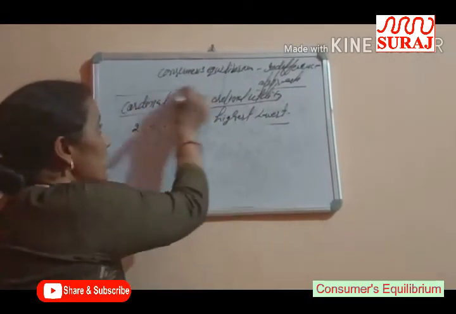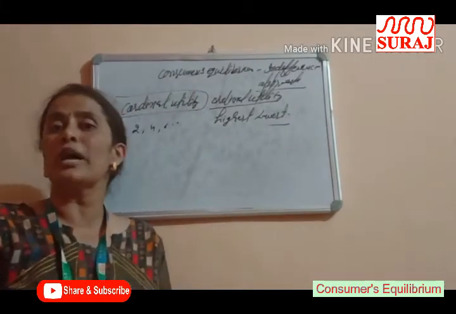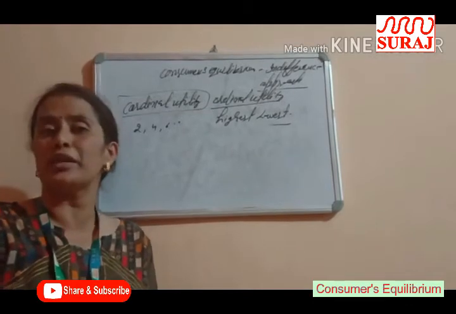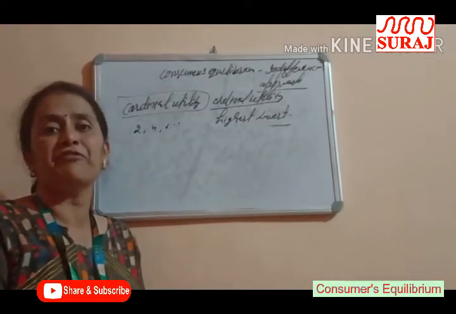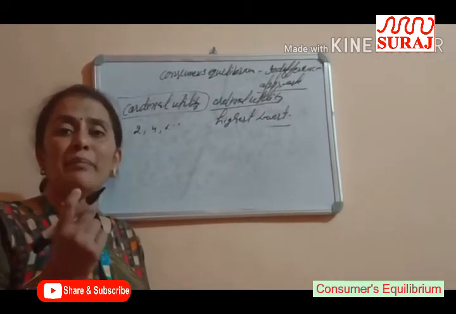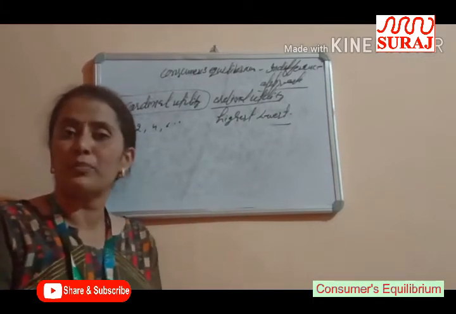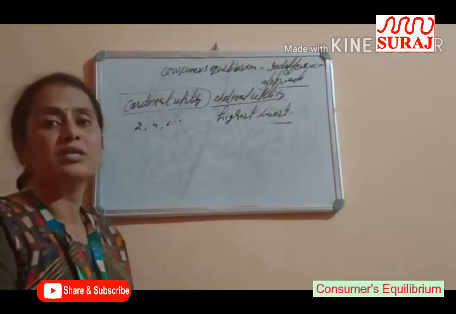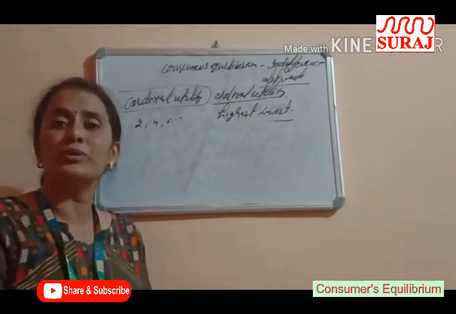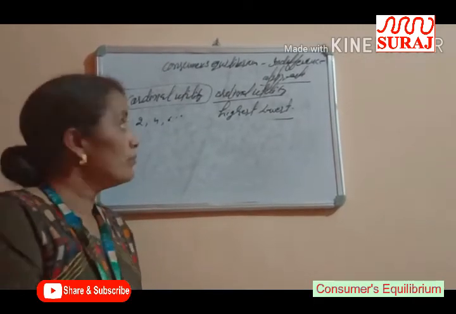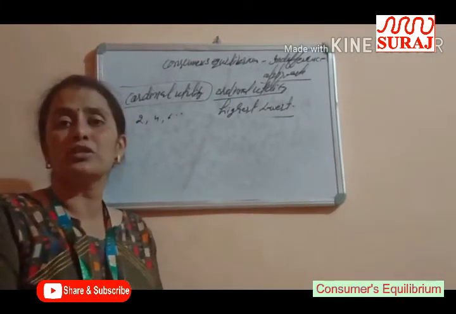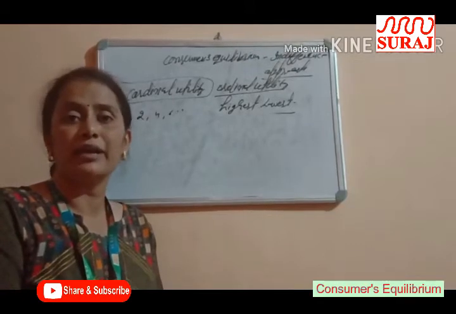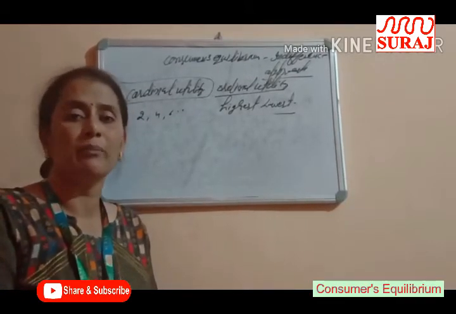It means cardinal utility relates to the utility approach and ordinal utility relates to the indifference approach. So in the utility approach we can measure utility in terms of numbers, but in the indifference approach we measure utility in terms of rank, not in terms of numbers.